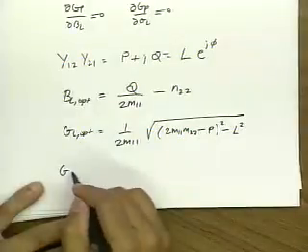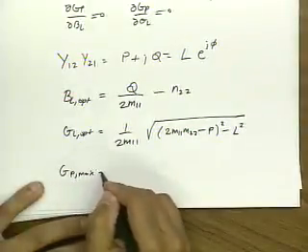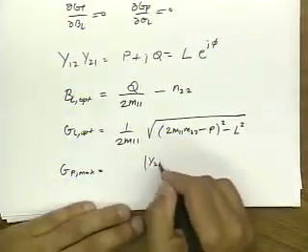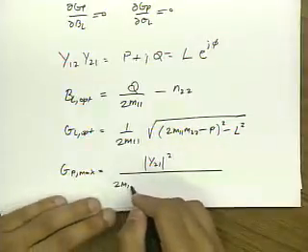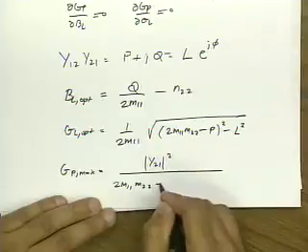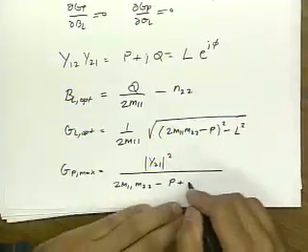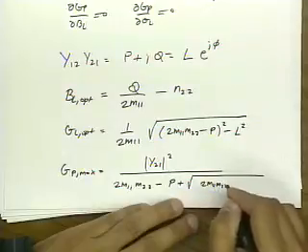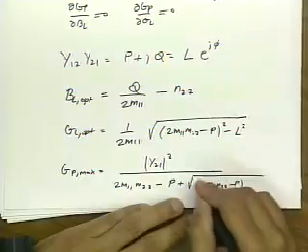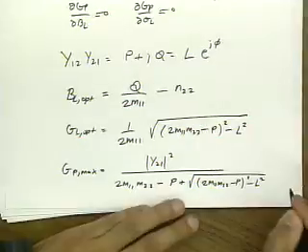And this gives us a maximum gain, which is equal to the magnitude of y21 squared divided by 2 M11 M22 minus P plus the square root of (2 M11 M22 minus P) squared minus L squared.